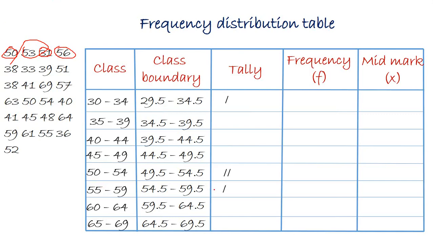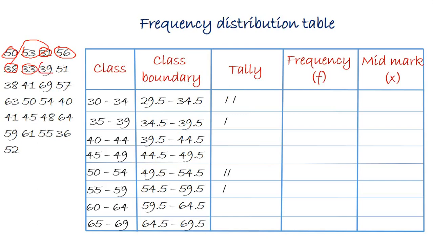Then the next is 38. 38 is in the class of 35 to 39. So we put a tally there. Then the next is 33. 33 is in the class of 30 to 34. So we put a tally here. Then the next is 39.